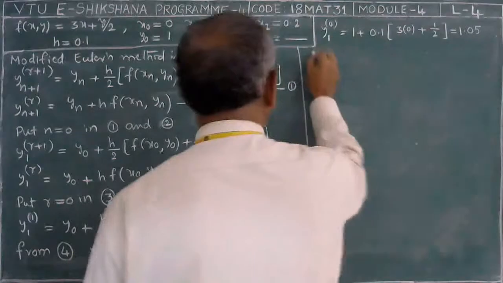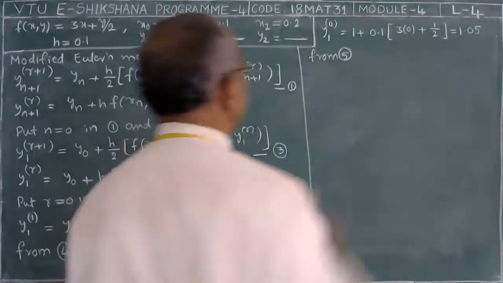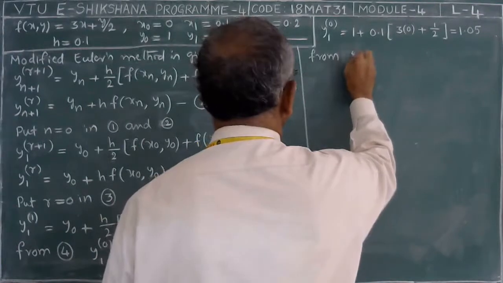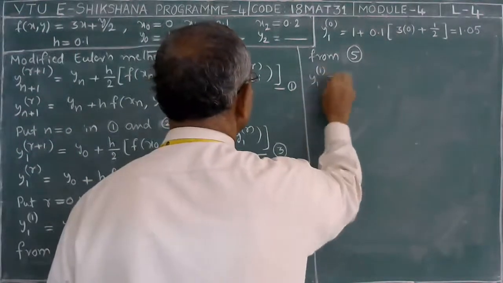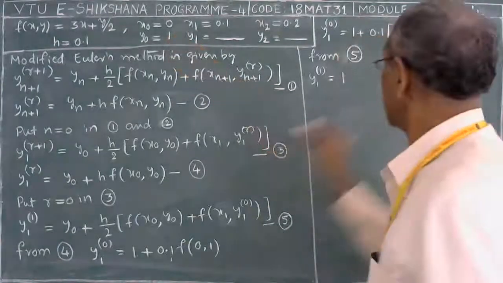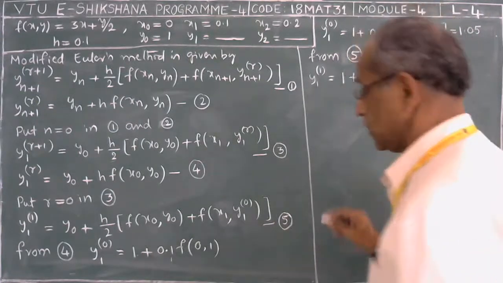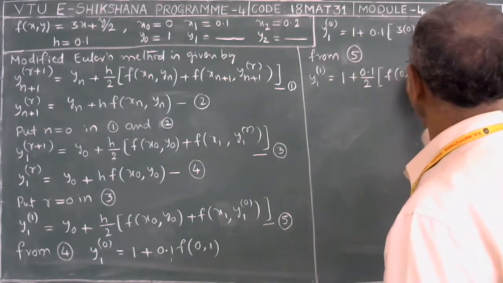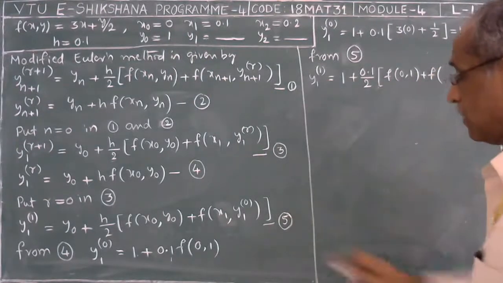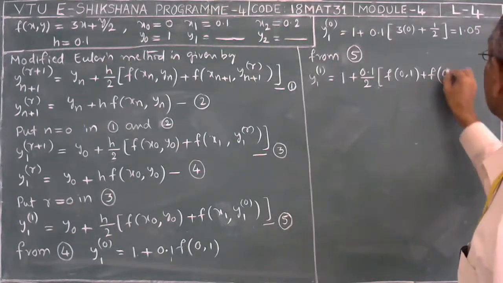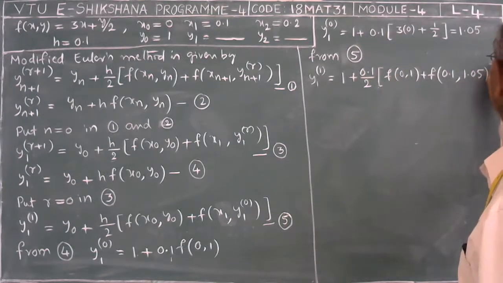Okay, let us do this. From equation 5, y11 is equal to y0, which is 1, plus h by 2, 0.1 divided by 2, into f of x naught comma y naught, 0 comma 1, plus f of x1 comma y10, where x1 is 0.1 and y10 is 1.05. Close the bracket.